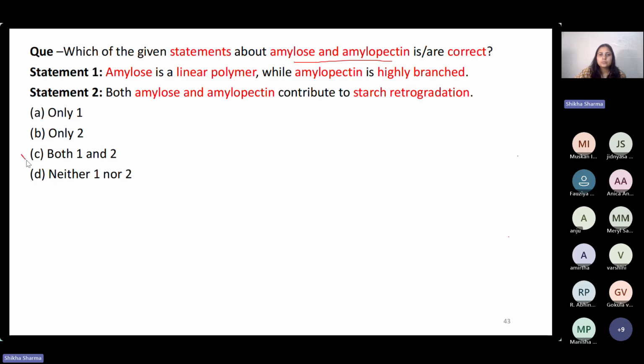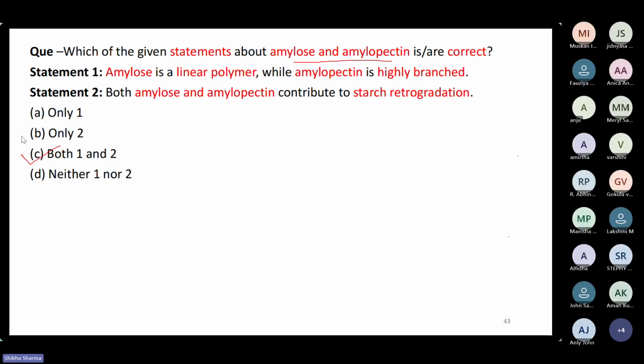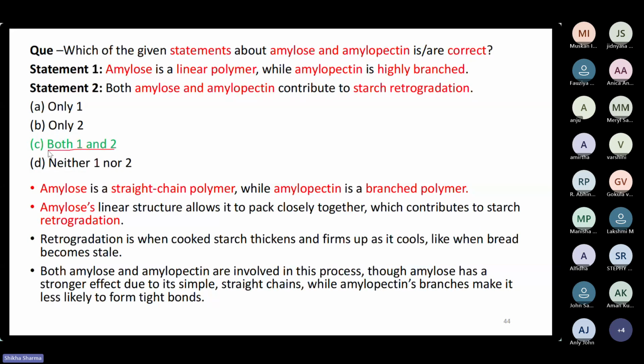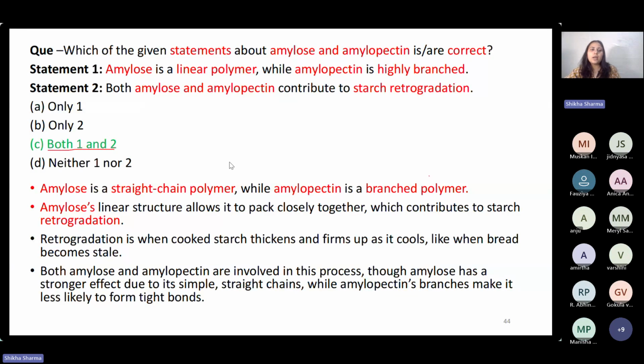Mostly this answer here. Okay, let's see now. C is the correct answer, that both statement 1 and statement 2 are correct, because as we just discussed, amylose is a straight chain polymer while amylopectin is a branched chain polymer.